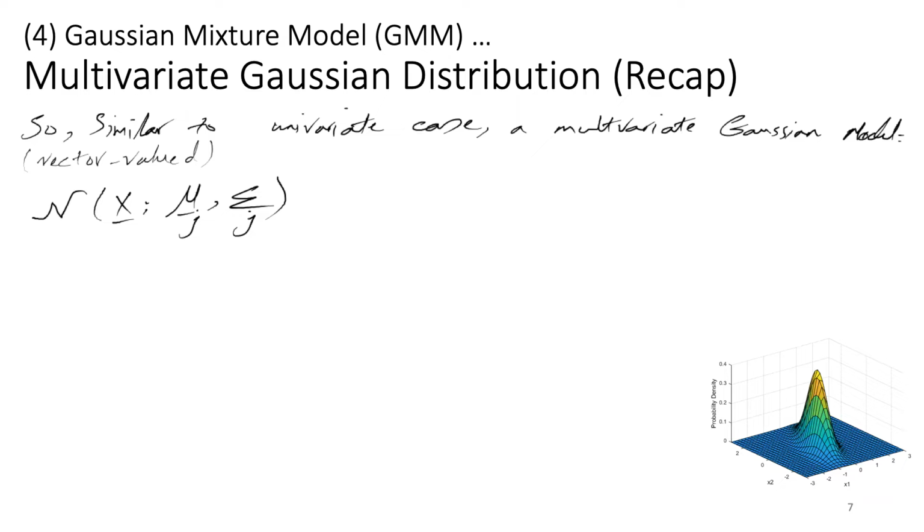Similar to the univariate case, for a multivariate Gaussian model in a vector value, we can define it as a normal distribution with this N for our vector of x in higher dimension, and we're defining the mu of j in vector space and also the sigma j.